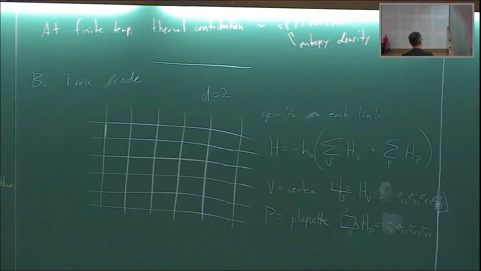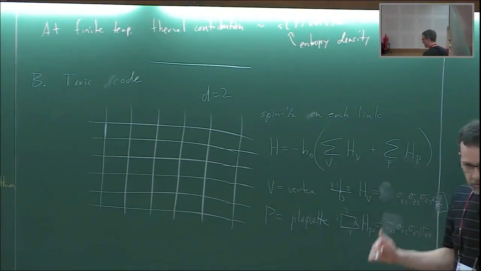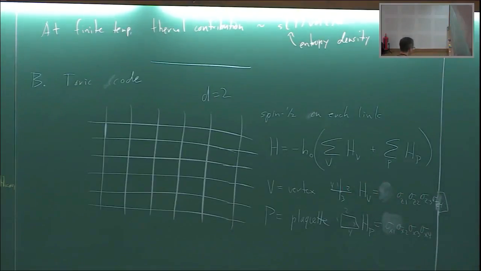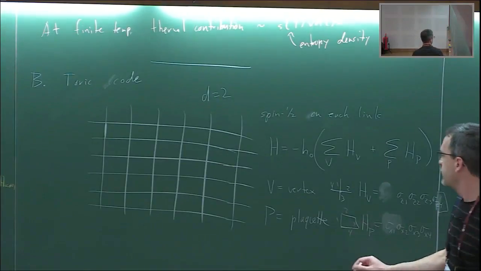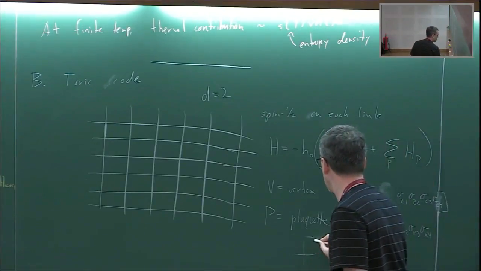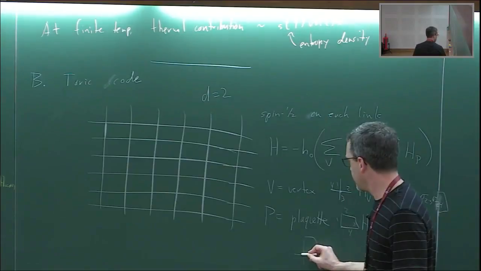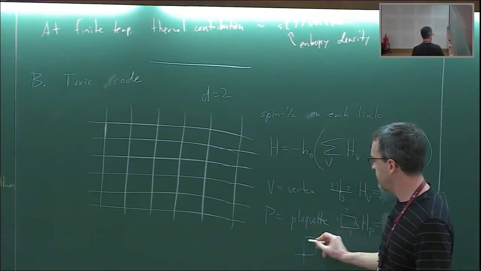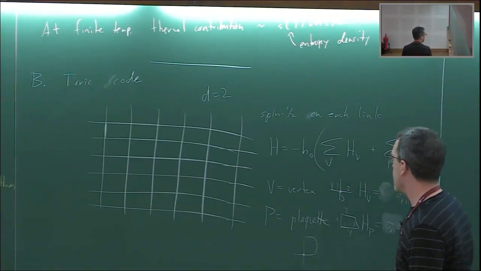And it's very important to note that all of these terms commute with each other. That's pretty easy to see. I'm not going to work it out. But if you have something like this, there's a vertex operator here and a plaquette operator here, and it's easy to see that they commute with each other.